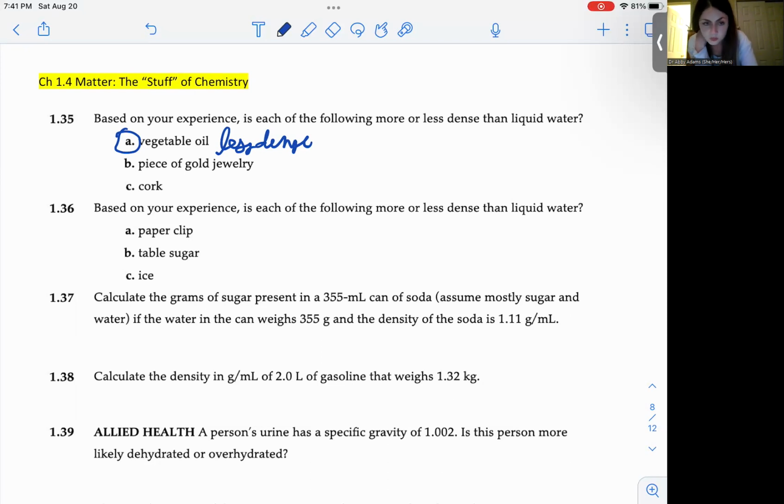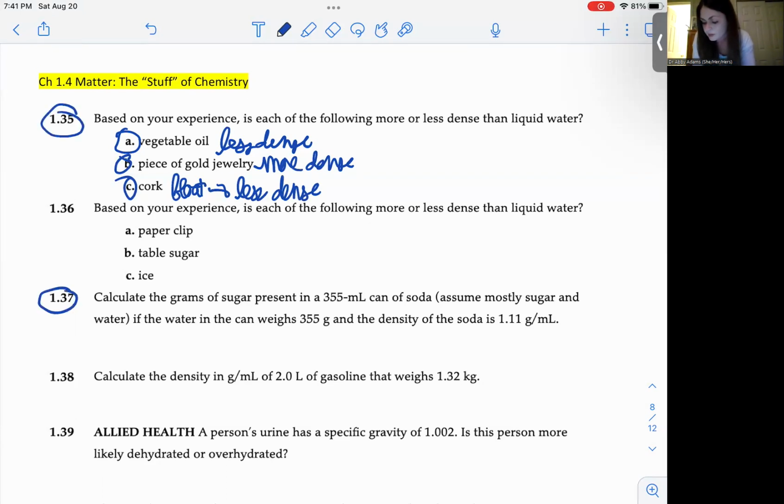B, a piece of gold jewelry. Remember that metal in the slide? That's going to be more dense. And what about a cork? You drop your cork in some water in the bathtub, it's going to float. So that is less dense. So: less, more, less.